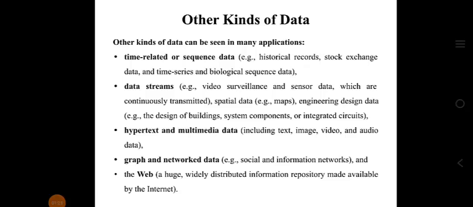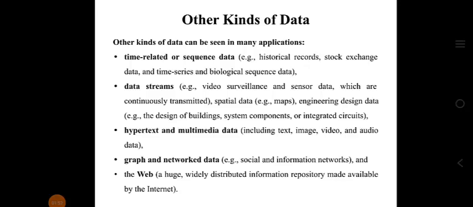So other kinds of data can be seen in many applications. So that is time related or sequence data, for example, historical records, stock exchange data, and time series and biological sequence data. Next one is data streams, for example, video surveillance and sensor data, which are continuously transmitted. So spatial data, for example, maps. The engineering design data, for example, the design of building system components or integrated circuits.